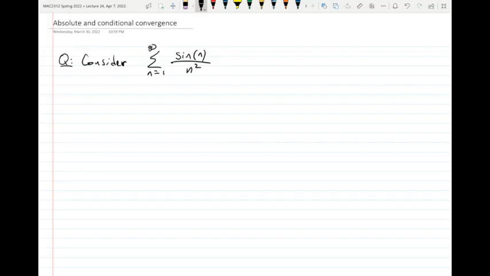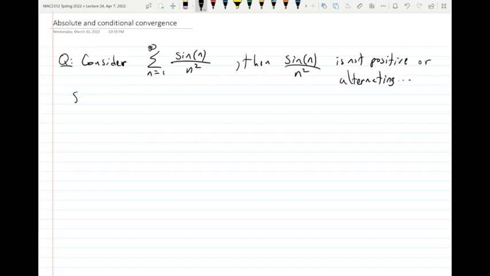So sine of n over n squared is not positive or alternating. None of the previous tests applies.